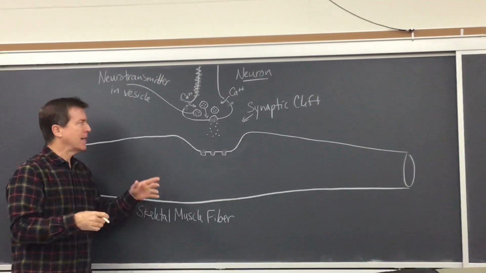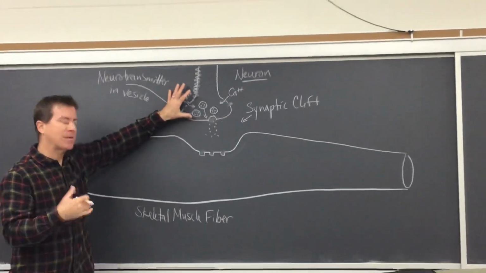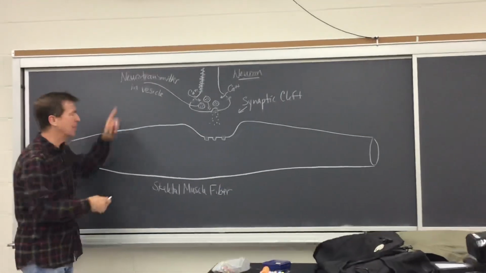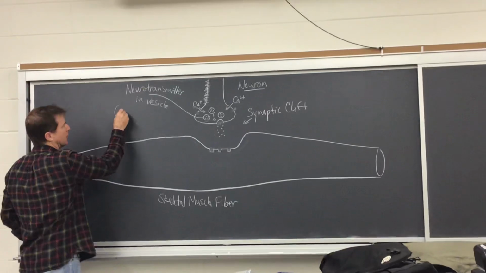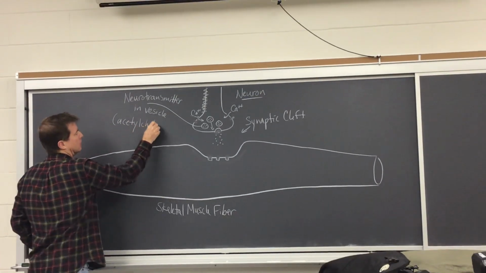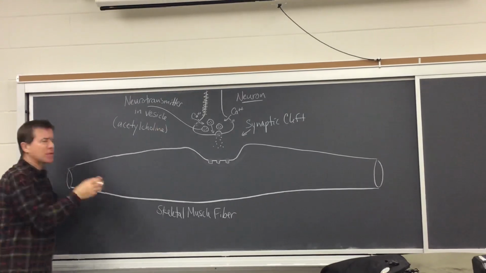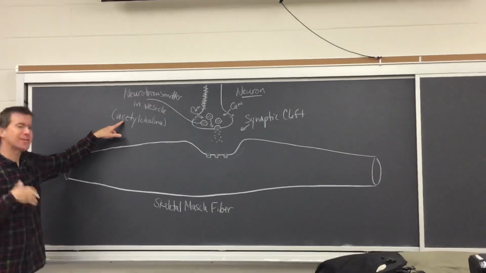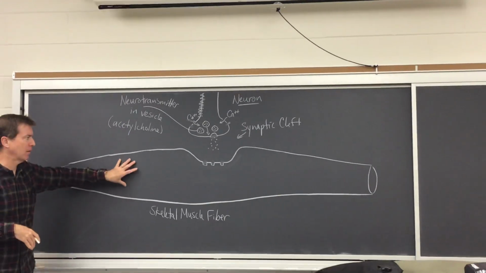Now, in the case of a motor neuron stimulating a skeletal muscle, there's a very specific chemical that's released. It's called acetylcholine. And in this specific case, acetylcholine has a stimulatory effect on skeletal muscle cells.